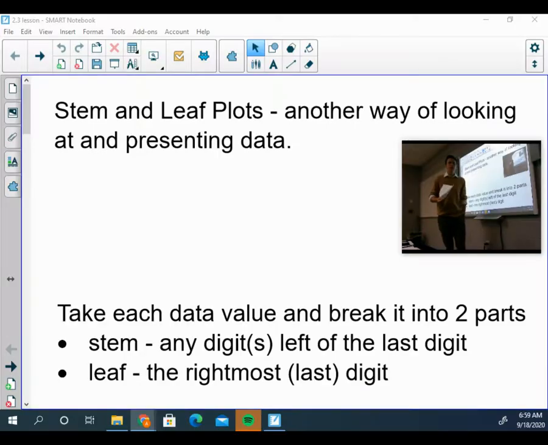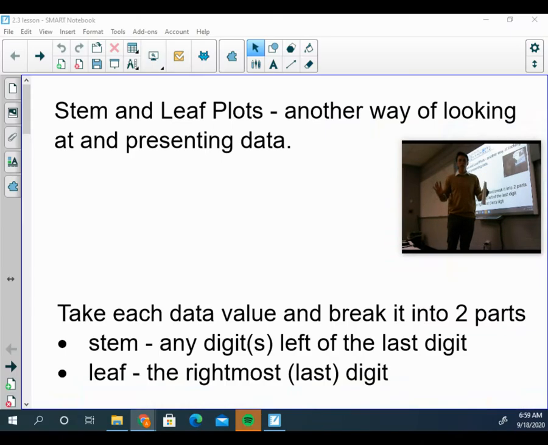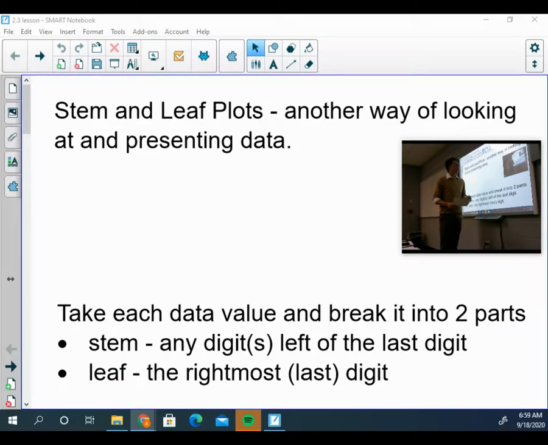So we're just trying to look at the general data and see what pops out at us. So what are we going to do when we want to use those? Well, we're going to look at stem and leaf plots. And this is just another way of looking at and presenting data. Again, histogram, stem and leaf plots, one's not inherently by itself better than the other. It just depends on what your goal is and what type of data you have.